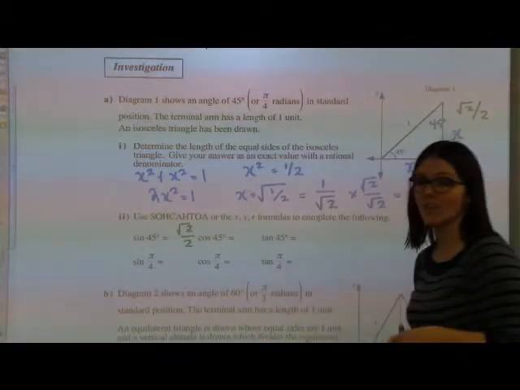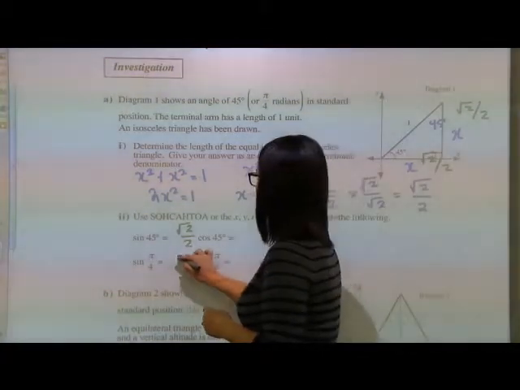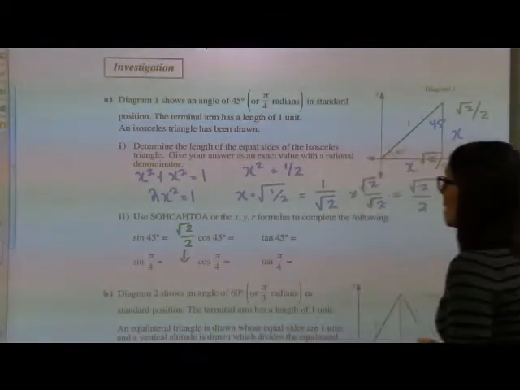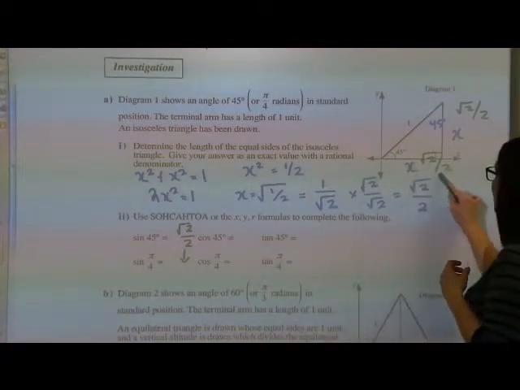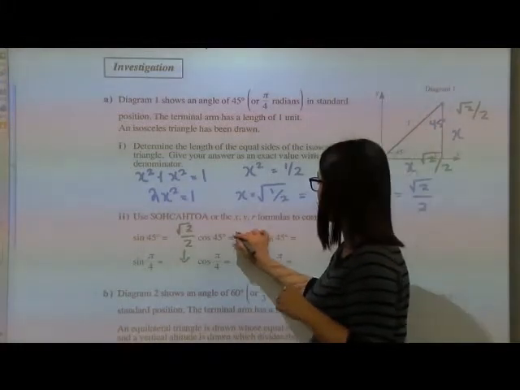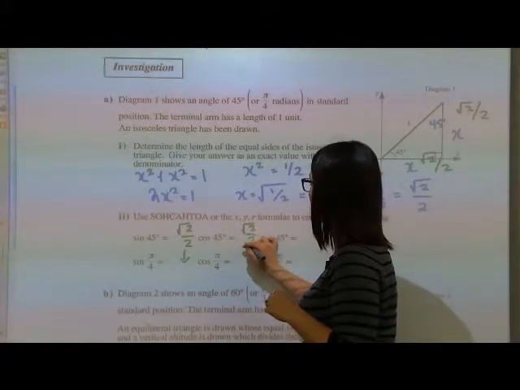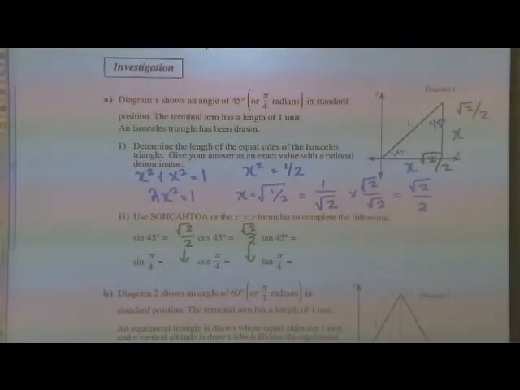And I would get the same thing if I had sine pi over 4, because in radian measurement it's the same triangle. If I look at cos 45 degrees, that's my adjacent over hypotenuse. So my adjacent side is root 2 over 2 over 1, which is still root 2 over 2. And cos pi over 4 would be the same thing.